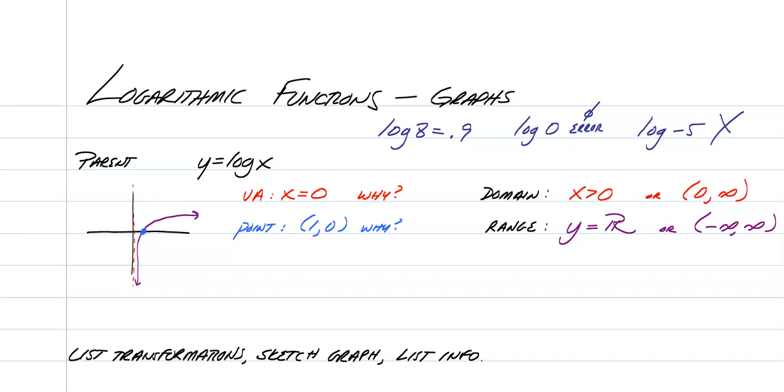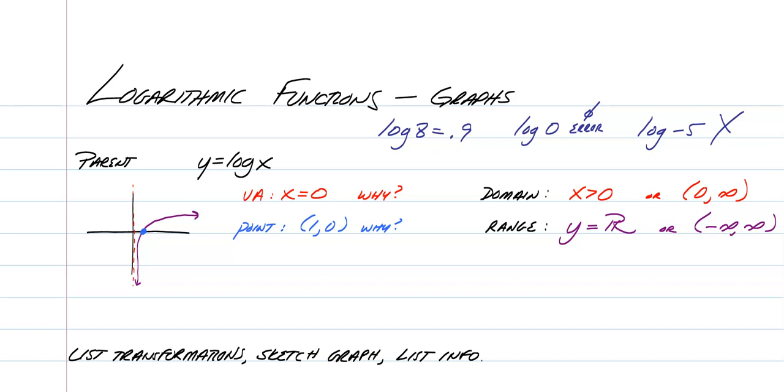Logarithm graphs and exponential graphs are inverses of one another. If we graph the two of them together, they would be reflected over the y equals x line. You'll also notice the domain and range switched compared to the exponential functions video.